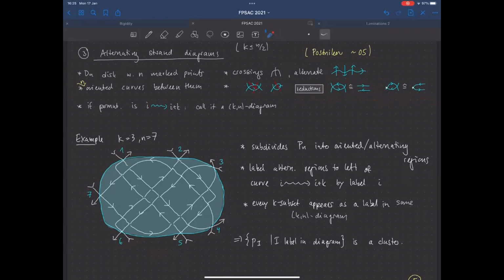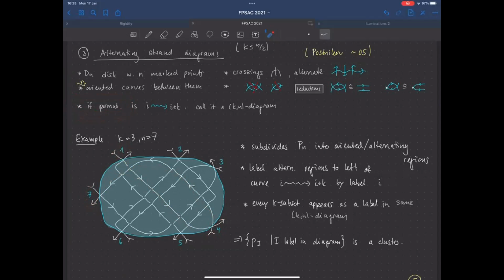This has been used by Postnikov in the study of positivity. Now I want to restrict this a bit. So consider the permutation that you get from such a diagram, the permutation coming from the vertices. I have n vertices, and the strand sends me vertex 1 to 4, then 4 goes to 7.